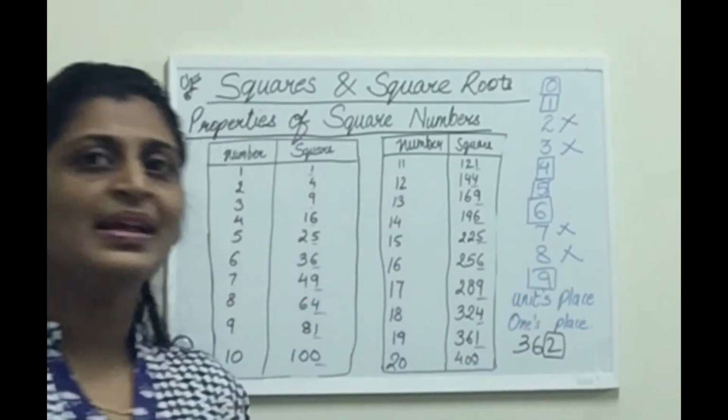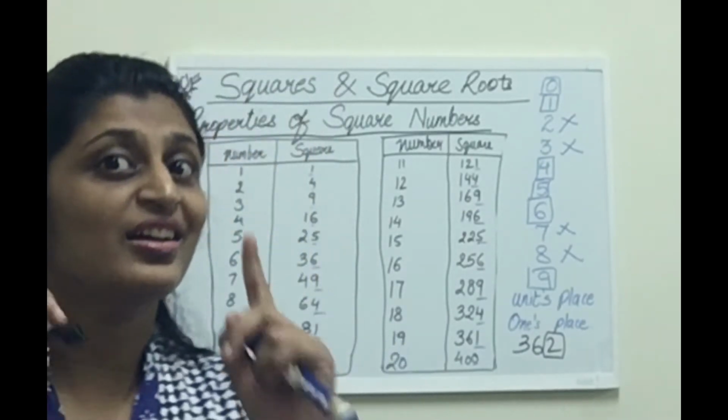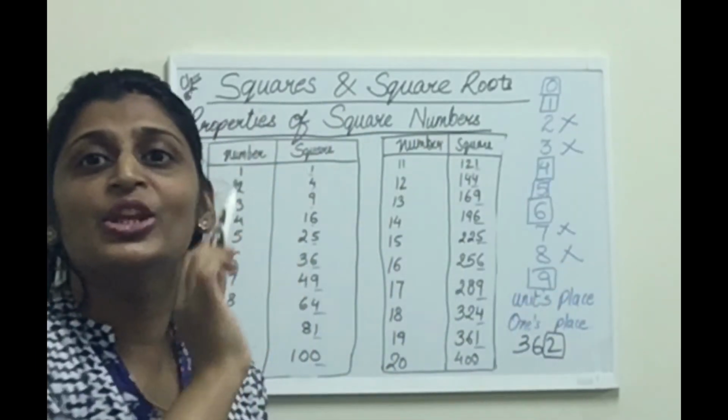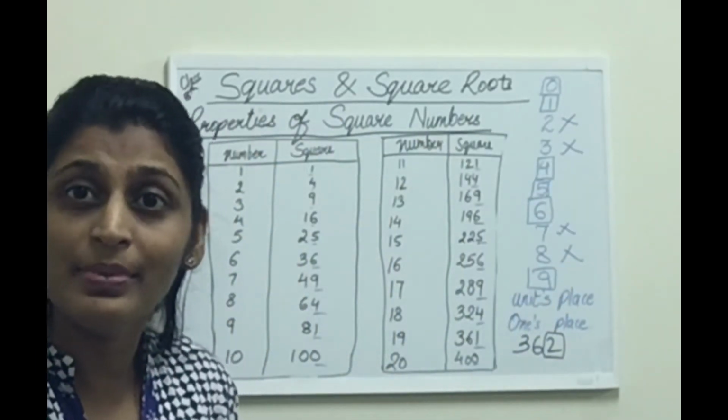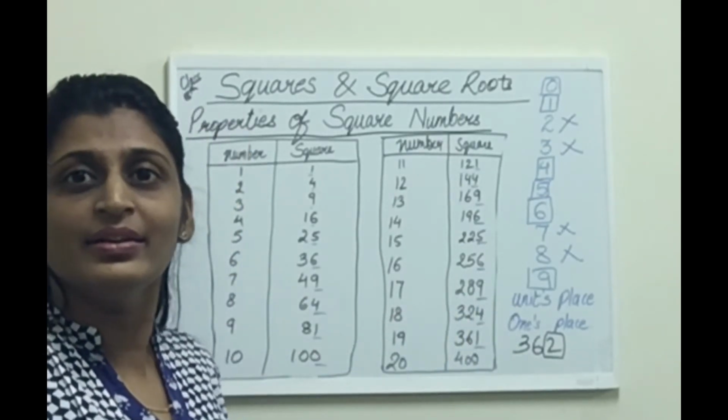And since at units place the number is 2, I conclude that 2 cannot be at the unit place of a square number, because this is a property we have studied, isn't it?